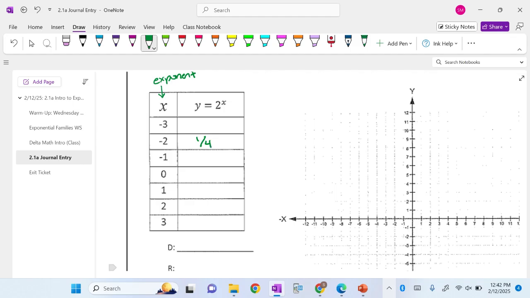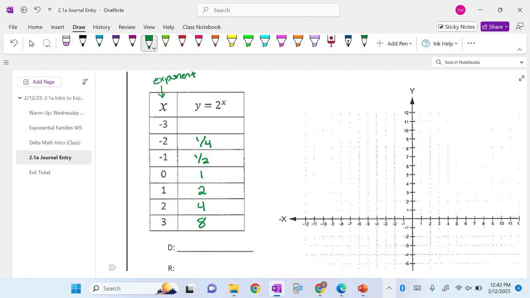What does it say 2 to the negative 1 is? 1/2. 2 to the 0. 2 to the first. 2 squared. 2 cubed. Good.